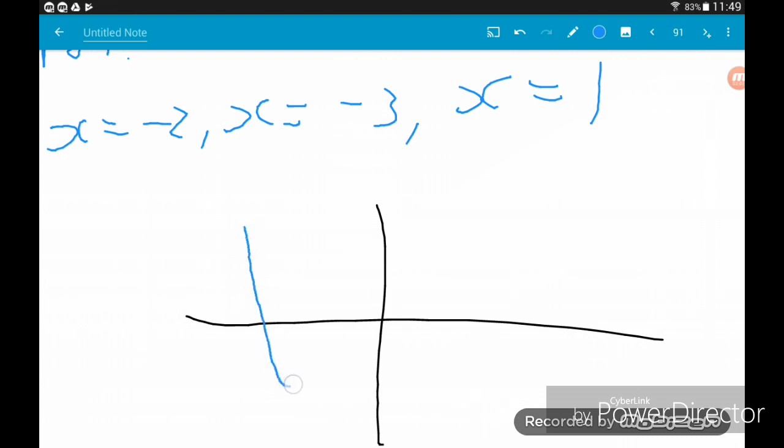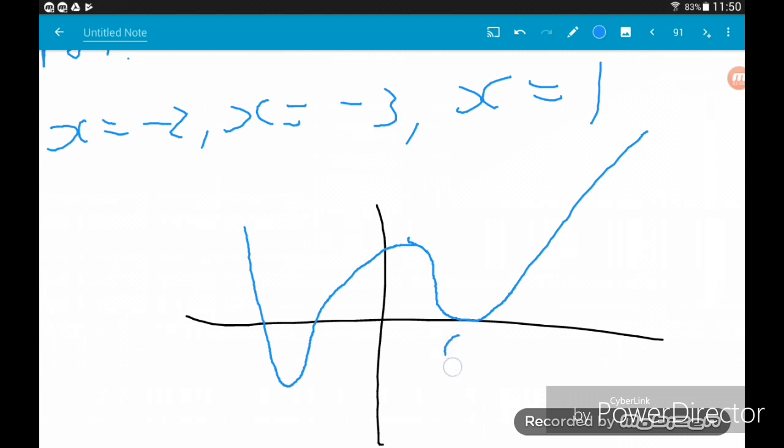So something like this. We cross the y-axis at 6, and then we come back around and we hit the x-axis at 1, but we don't cross. So it's going to look something like that.